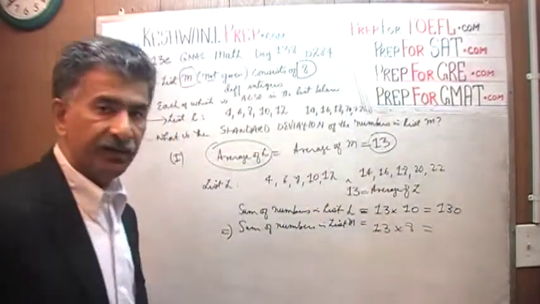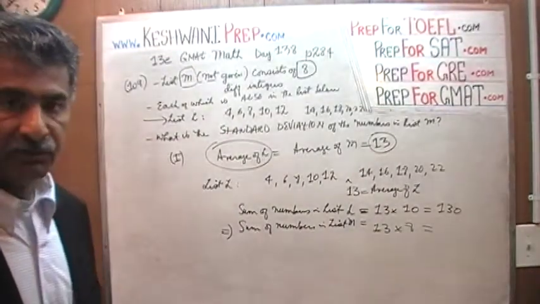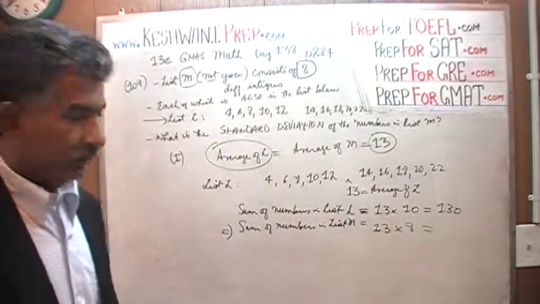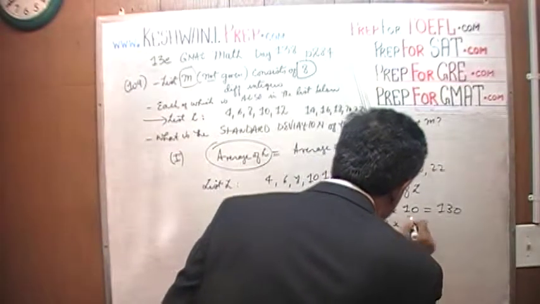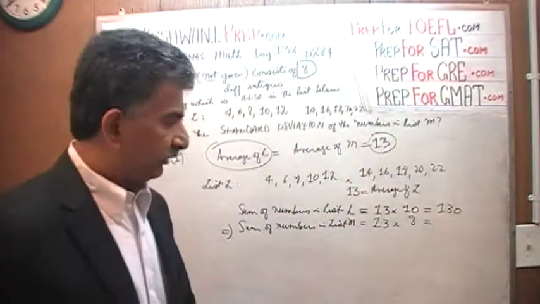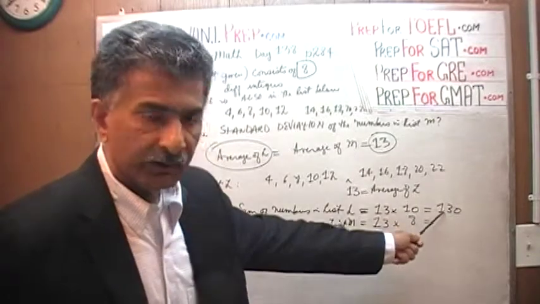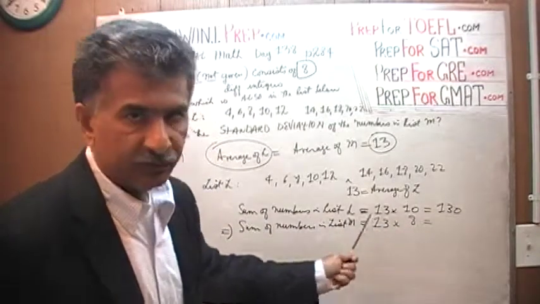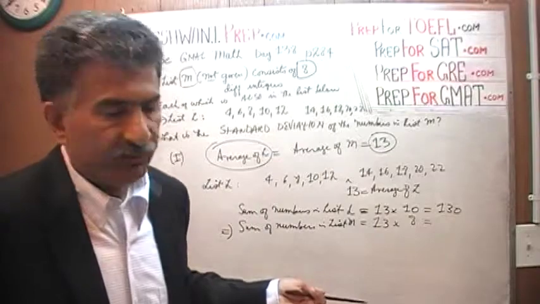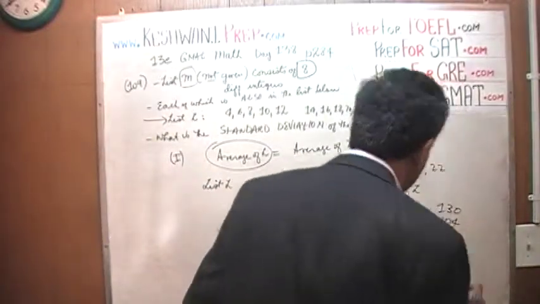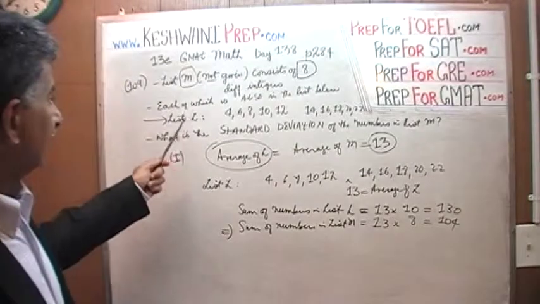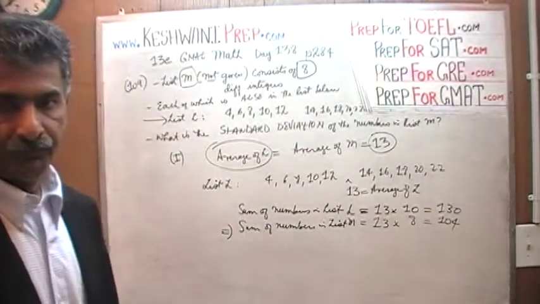Because the average is 13 and there are 8 of them. 13 times 8 is just 2 13s less than the other guy. These are 10 13s, these are 8 13s, so it's just 2 13s left. 2 13s are 26. So you just subtract 26 from here and that's their sum. The sum of the numbers in list M is 104.